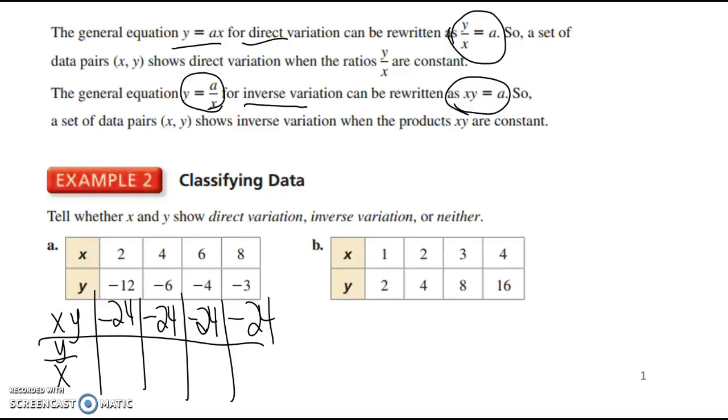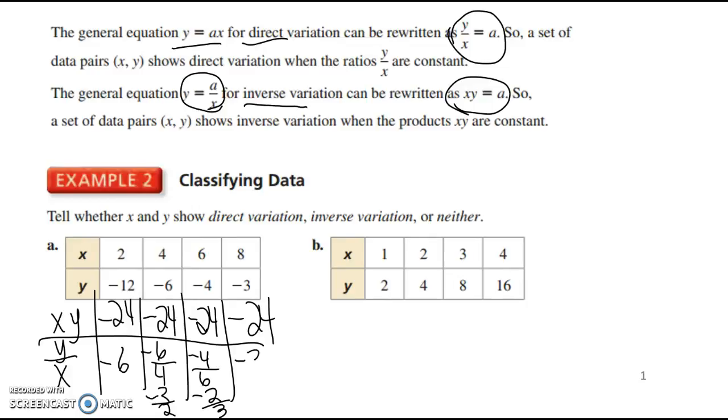So when I do y divided by x, I take negative 12 divided by 2, I get negative 6. Negative 6 over 4 can be reduced to negative 3/2, which is not the same as negative 6. And then negative 4 over 6 can be reduced to negative 2/3.